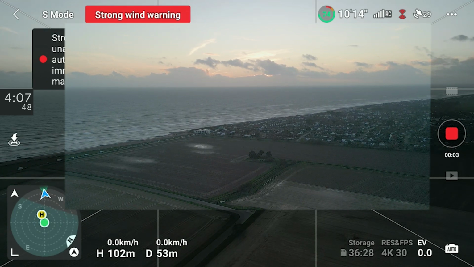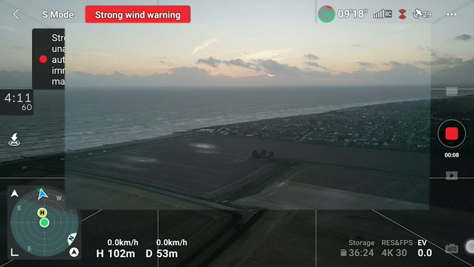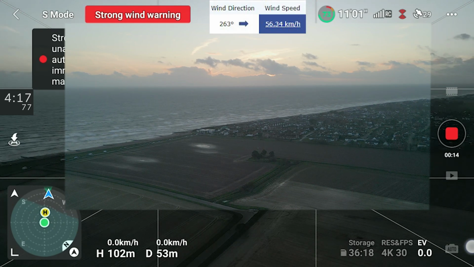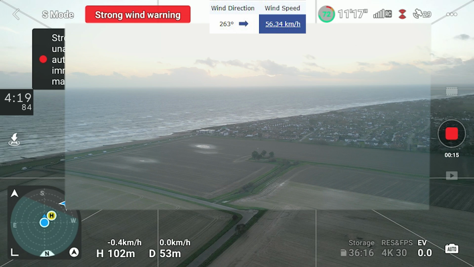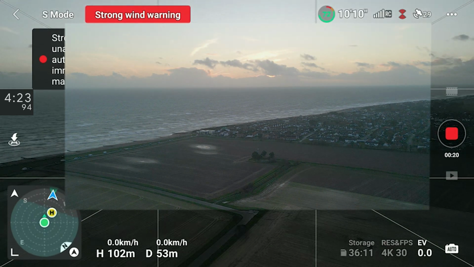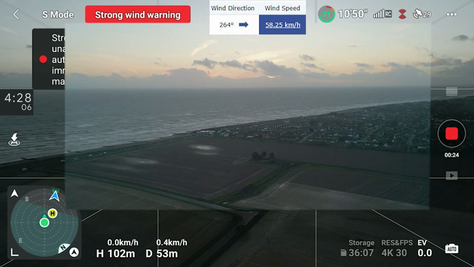The drone is quite stable even in relatively strong winds, around 56 kilometer an hour winds. Winds of 58 kilometers an hour now.